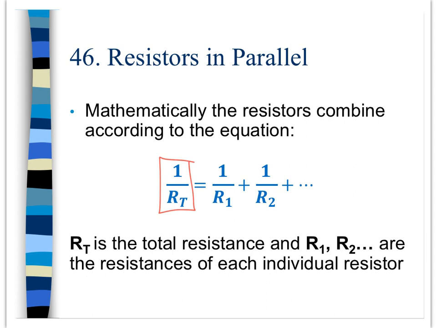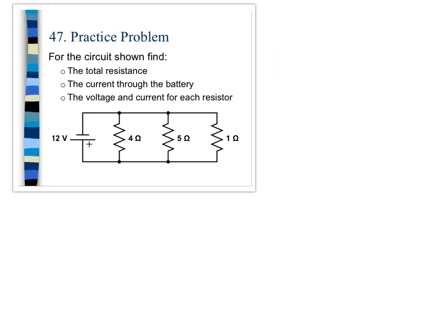So let's go through a circuit analysis here, and we'll start with the basic one like we did with the series. Same set of questions. We want to find the total resistance, current through the battery, and voltage and current for each resistor. So let's start with the total resistance. Now we're using our 1 over RT equation because these three resistors are combined in parallel.